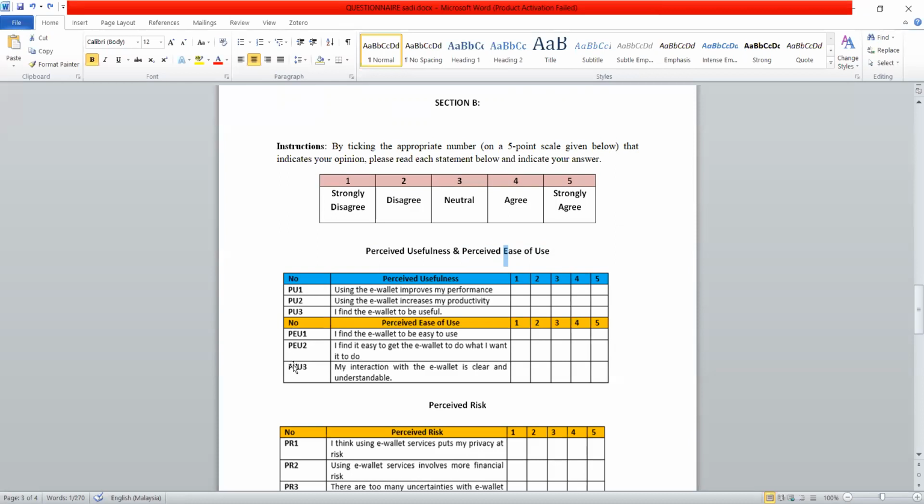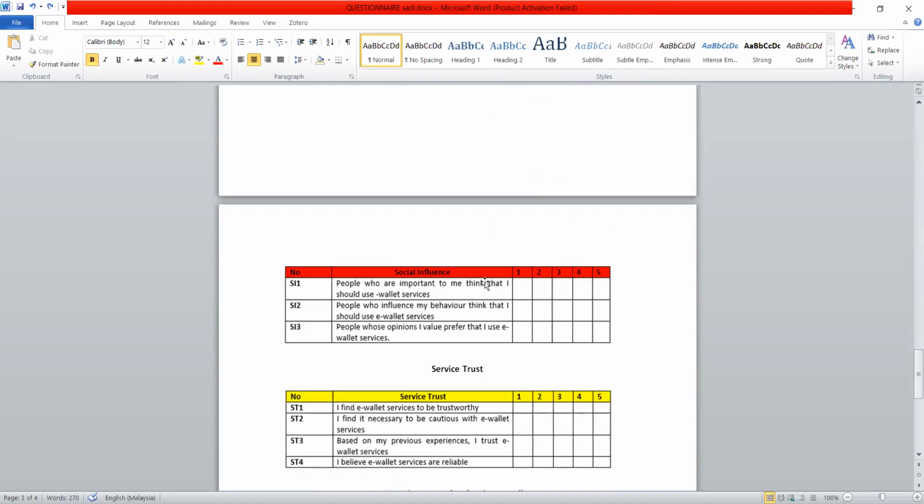Because when we do the analysis in the software, it cannot take the whole word. This is the limitation of the software. The software wants no gap, it cannot keep any gap. So you use the short form. You choose your variable, then you rename it this way in the questionnaire.